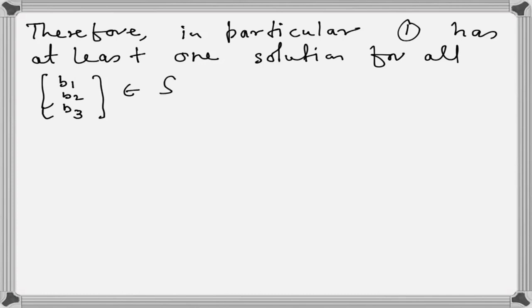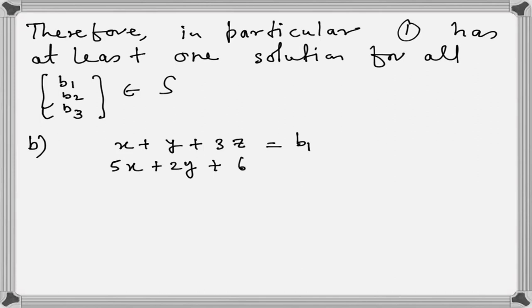Okay, so let's go to the second part, B, which is nothing but x plus y plus 3z is equal to b1, 5x plus 2y plus 6z is equal to b2, minus 2x minus y minus 3z is equal to b3.